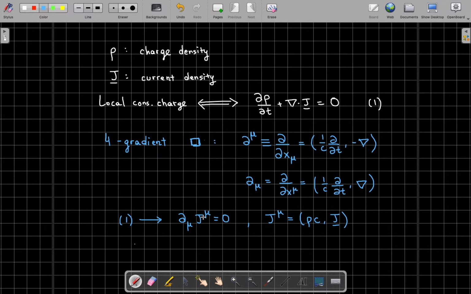On the left hand side, I've got a four-vector contracted with something that I don't really know about. But that something has to be another four-vector, because there's no other way I can contract a four-vector with something and get a Lorentz scalar. So by default, we know from this that J^mu right here is a four-vector, which we call the four-current.